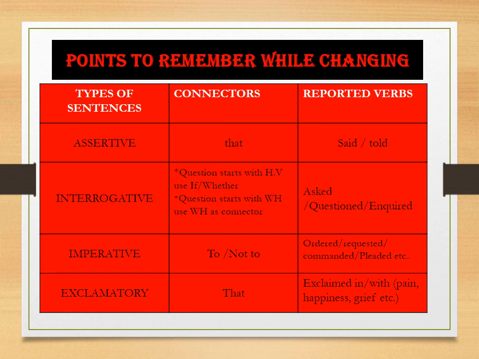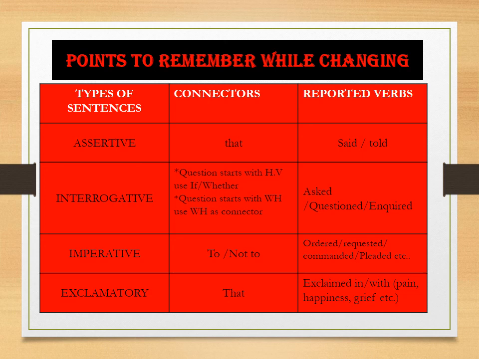So let us see, in assertive sentence, we use the connector that, and the reported verbs can be changed to said and told. Coming to the next type of sentence, interrogative. Now, this is a little dicey, children, because here you have two types of interrogative sentence. One has a helping verb, or a yes or no type question.